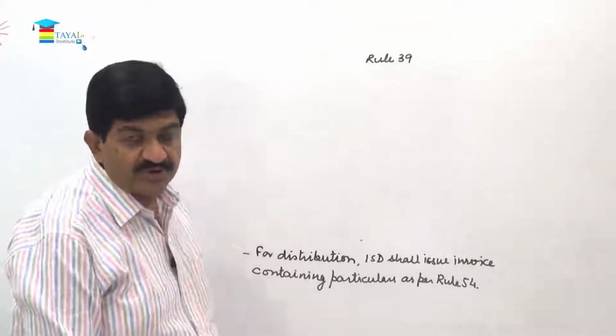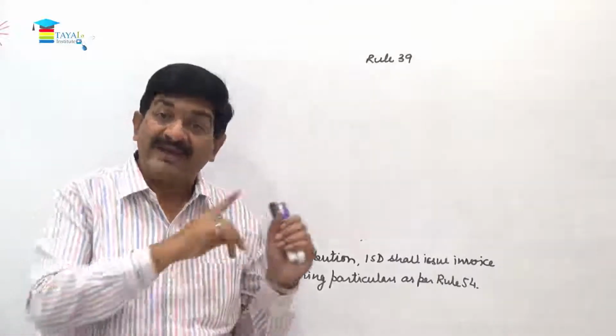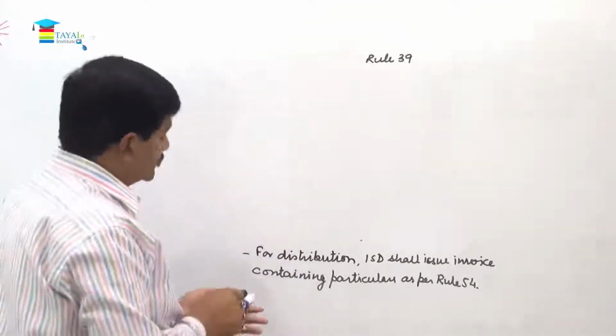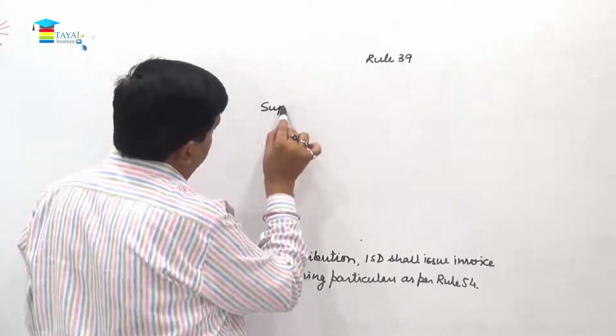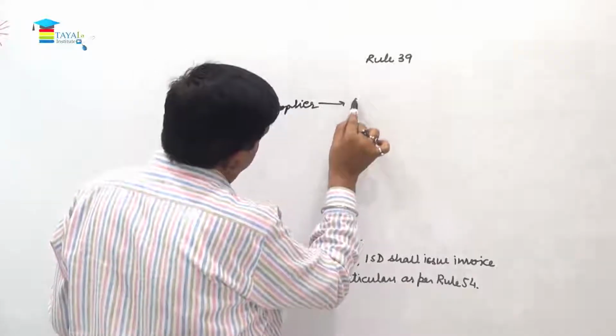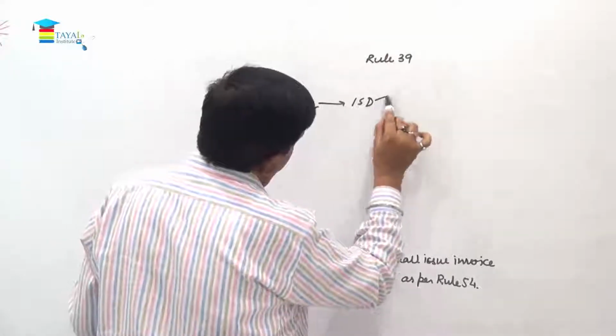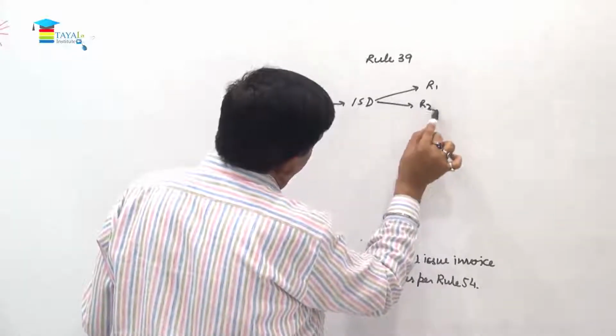Right? Now in a given situation, it may happen that the amount of the credit availed by the input service distributor is increased or reduced because of change in values by his supplier. Right? So here we are talking about there is a supplier and there is input service distributor, and then we have recipient number 1, recipient number 2, recipient number 3.